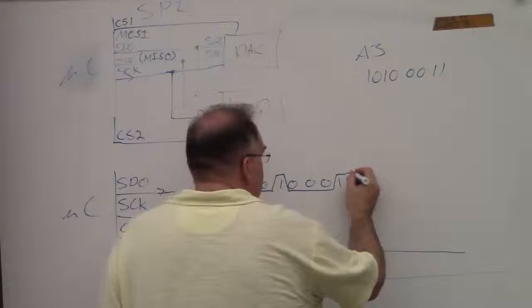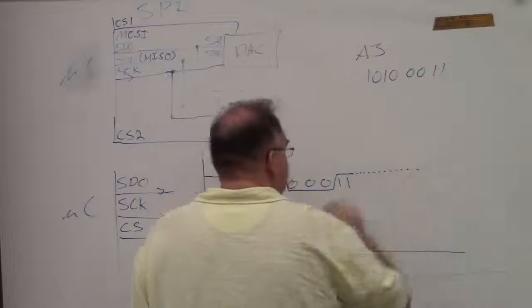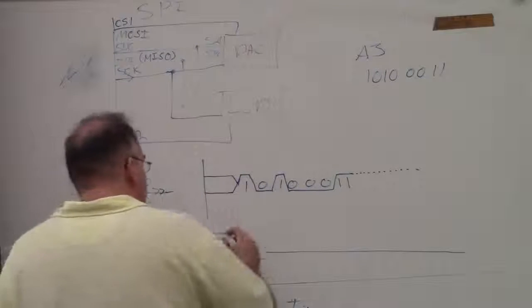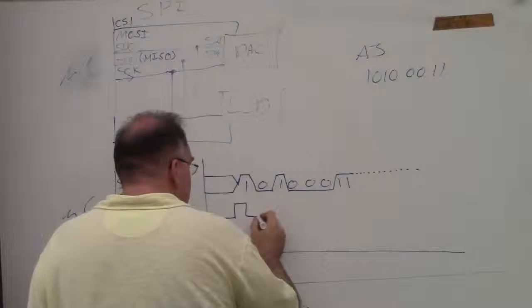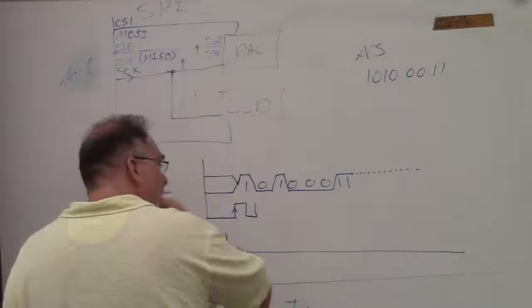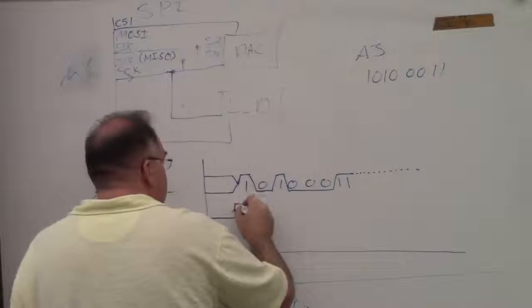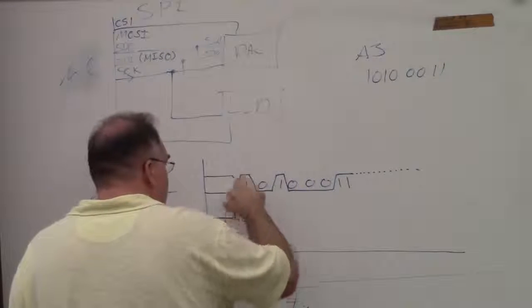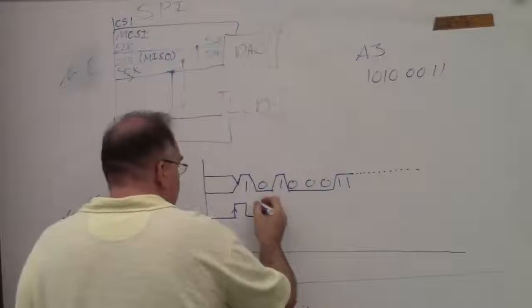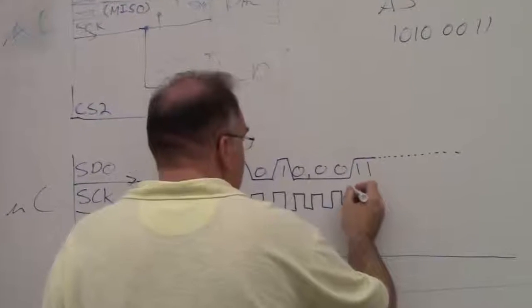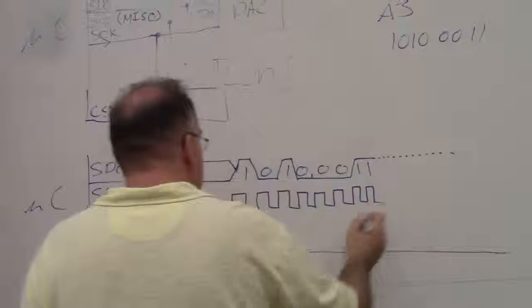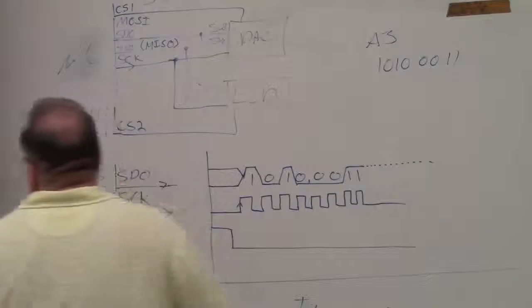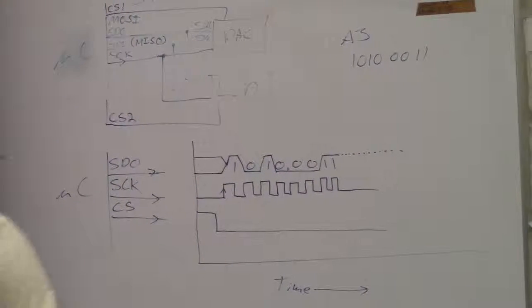And it will probably, after this point, stay at the previous high condition. And the clock will, depending on the mode that's selected, do something like that. It'll do a rising edge on the transition, and then a falling edge while the data is solid. The last thing that happens is the chip select goes high.